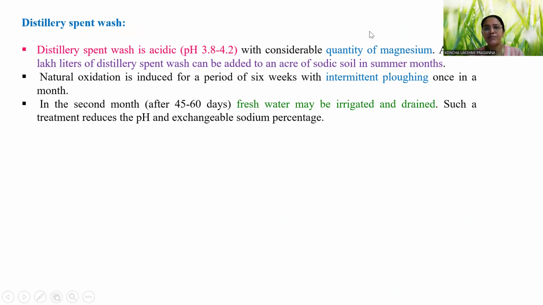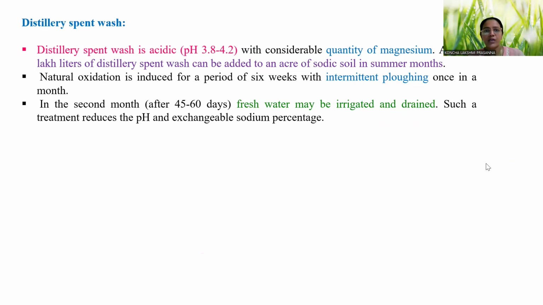Next is the distillery spent wash. Distillery spent wash is also a measure used for the reclamation of alkali soil. Distillery spent wash has a pH of 3.8 to 4.2, and also has a considerable amount of magnesium present in it. About 2 lakh liters of distillery spent wash can be added to an acre of sodic soil in summer months.